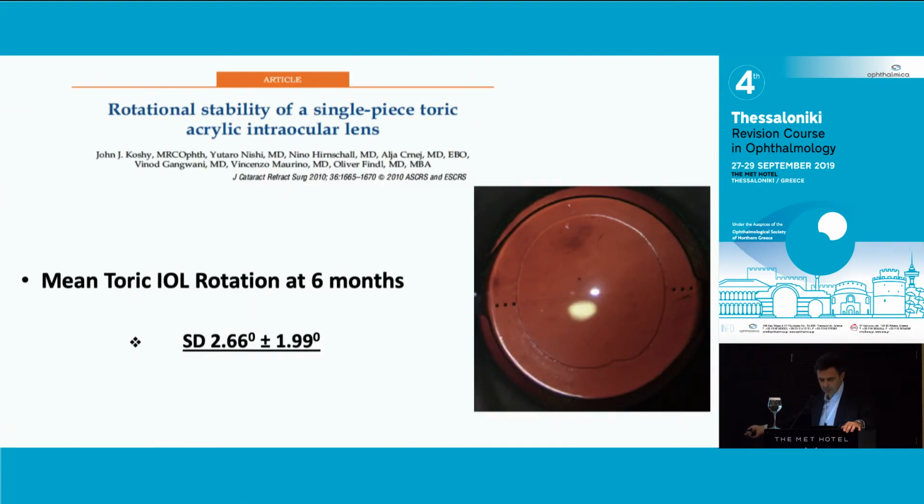And this is a paper that we did at Moorfields some time ago with Oliver Findl, and the mean rotation at 6 months was really not significant, because even with a high power lens, 2 degrees of rotation is minimal.